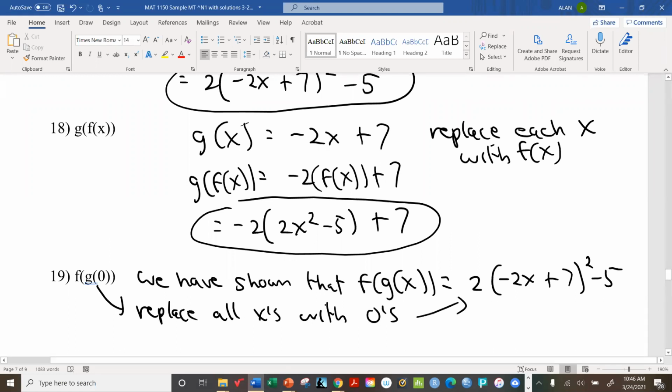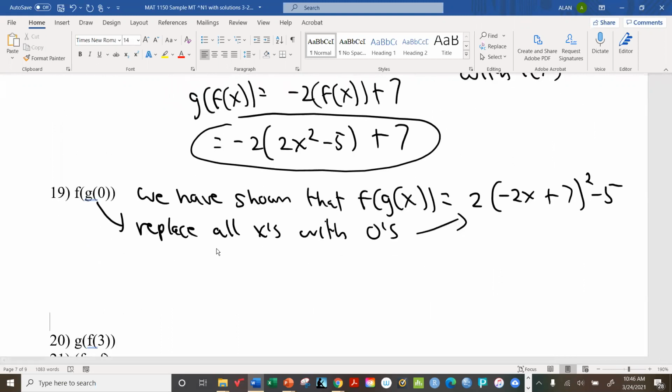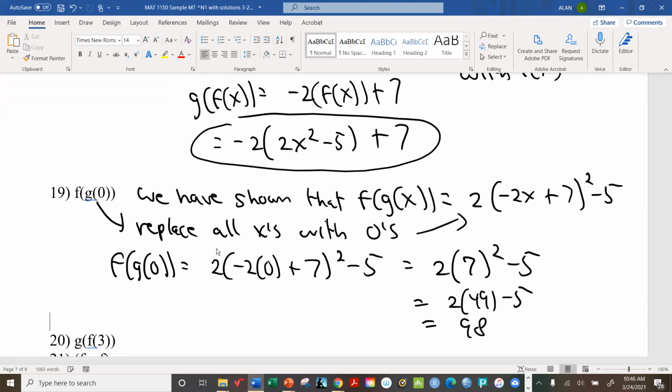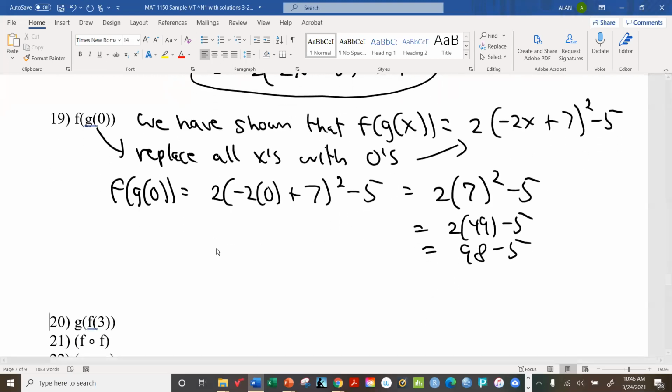That's what it's telling us to do. So we'll have 2, and inside the parentheses, this is 0 plus 7. And that gives us 93.